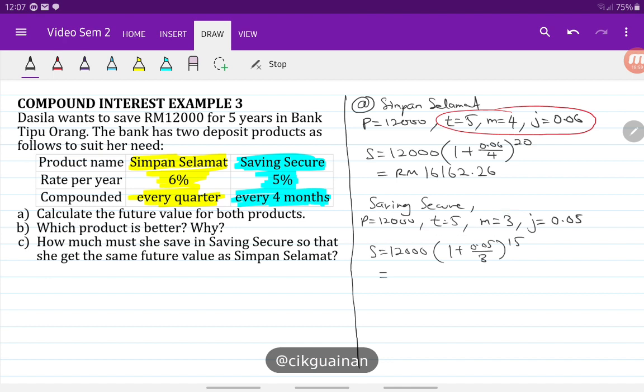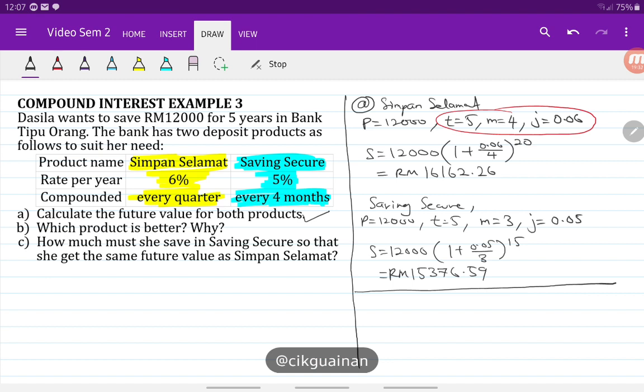So calculate 0.05 over 3 plus 1, power 15, multiply by 12,000. So the return is a little bit less, 15,376.59. That one is 16,162.26. Now we have answered the first part, the A part.